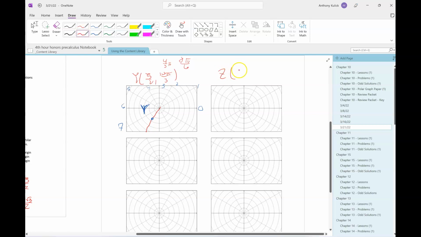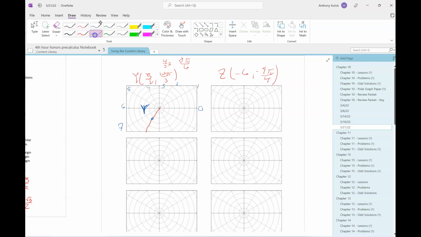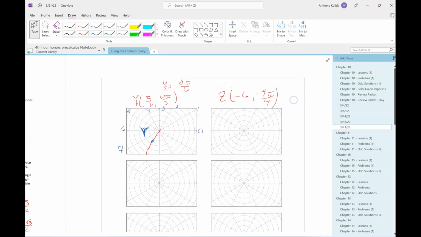So that's -6 and -9 pi over 4. Again, I'm going to convert the 9 pi over 4. I'm going to add 8 pi over 4. That makes it -1 pi over 4, and do it again.